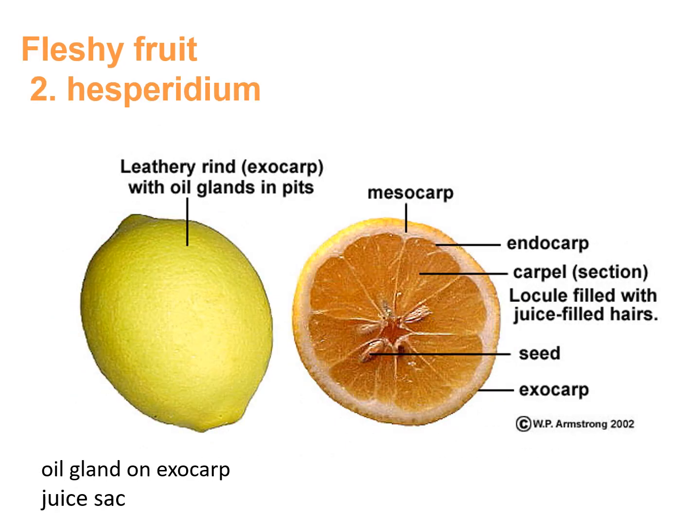The second type is Hesperidium. Hesperidium is a modified berry that results from a single ovary within the flower. The fruit usually consists of 6 to 18 carpels. So how many carpels means how many segments.